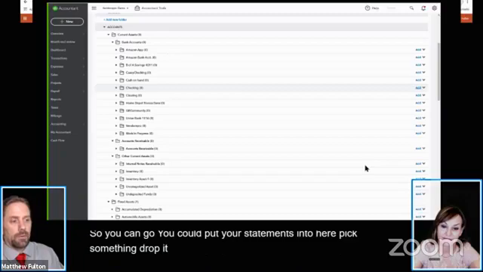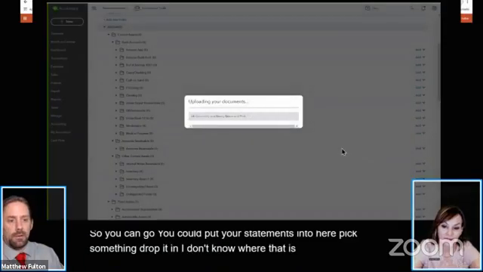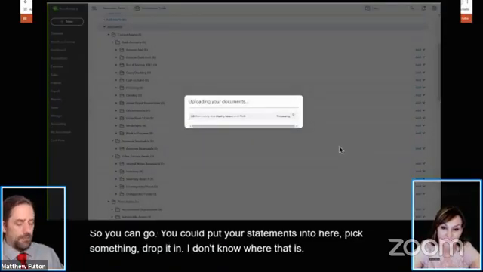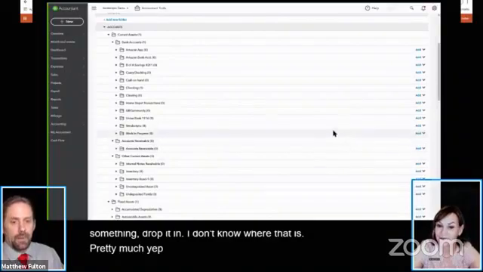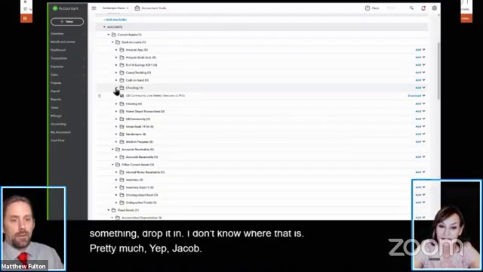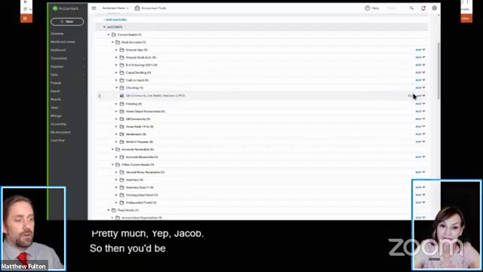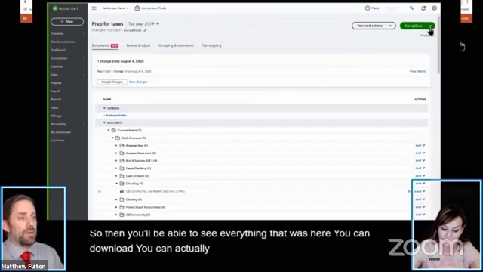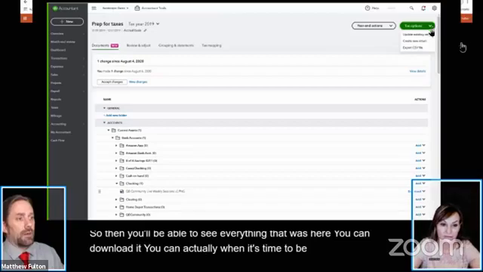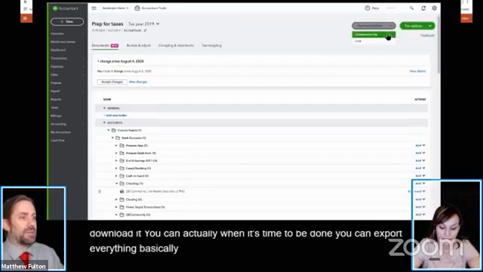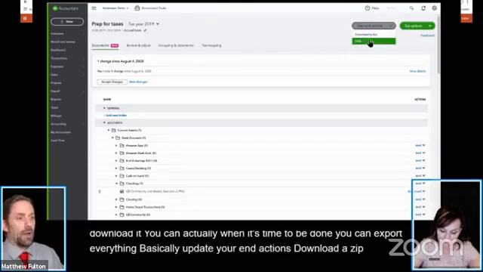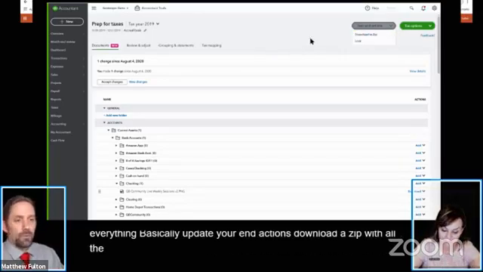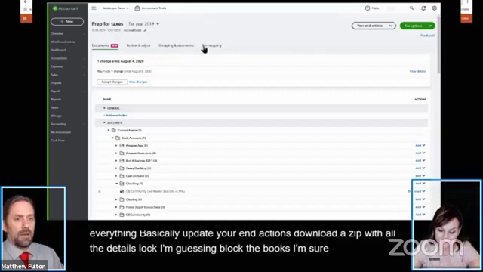One of our good friends, Jacob, was involved in making this what it is. So then you'd be able to see everything that was here. You can download it. When it's time to be done, you can export everything, update year-end actions, download a zip with all the details. Lock, I'm guessing lock the books. I'm sure that's different than the other one.